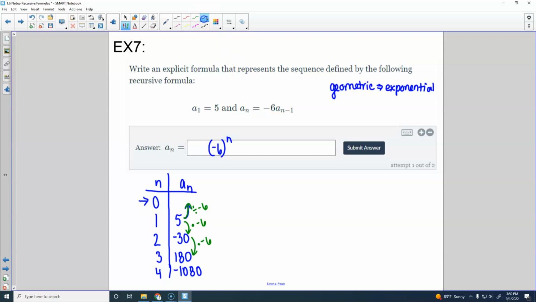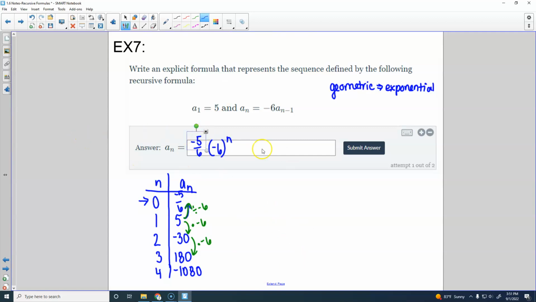So I'm just going to write that as -5/6. So if I divide by -6 there, I'll just get -5/6. You can use the decimal if you want, but some of those will be repeating and harder to type in. So I would just type in -5/6 times -6 to the n power. Because they gave you a sub 1, you've got to go back 1 in that table.